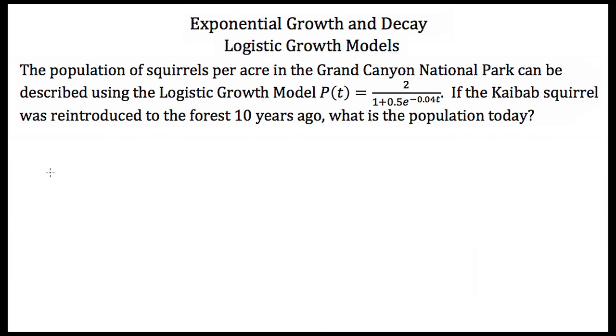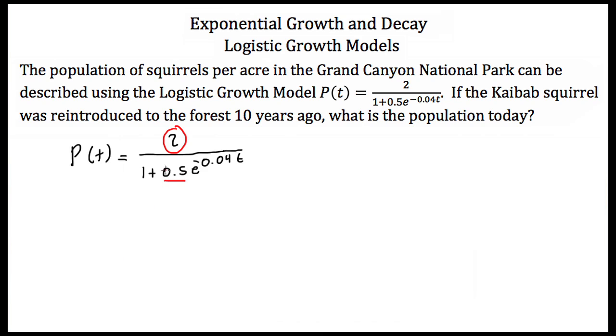Well, looking at this model, P of t is equal to 2 over 1 plus 0.5 e to the negative 0.04t. This 2 value up top is my c value, and 2 would be the maximum population. So whatever answer I get has to be less than 2.